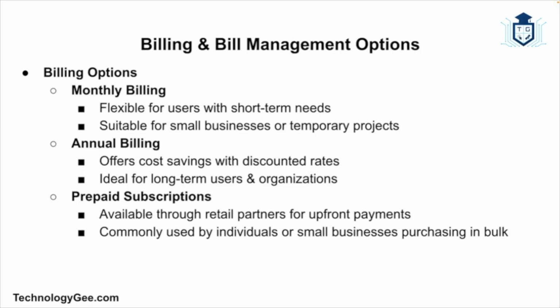Annual billing provides cost savings through discounted rates compared to monthly billing, and is best suited for long-term users and organizations. Then there are prepaid subscriptions, available through retail partners for users who prefer upfront payments. This is often used by individuals or small businesses purchasing licenses in bulk.